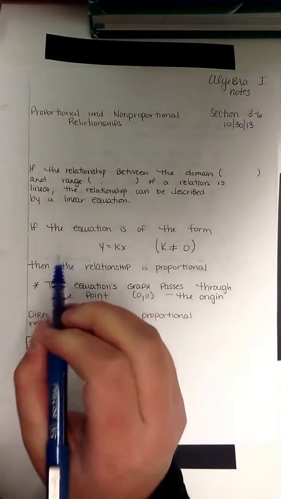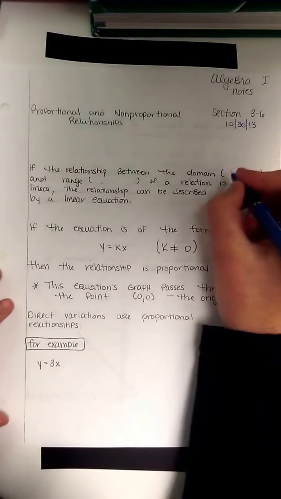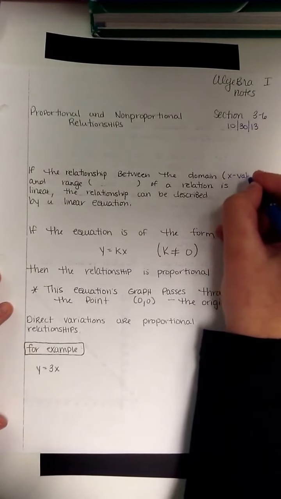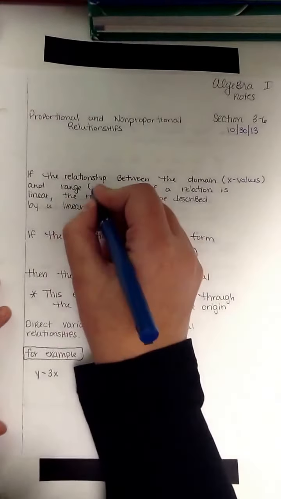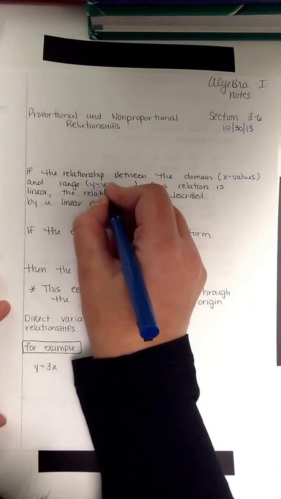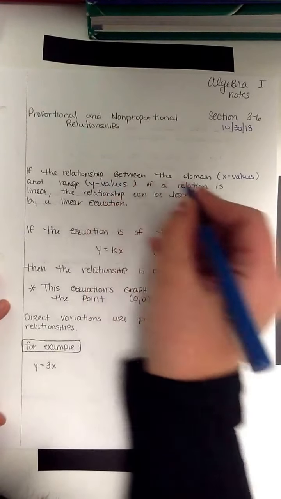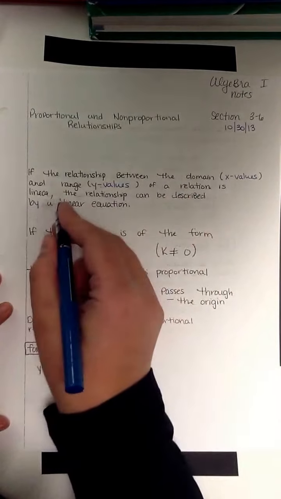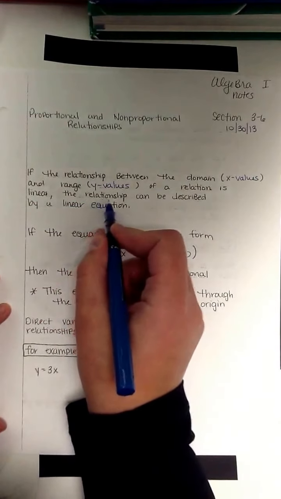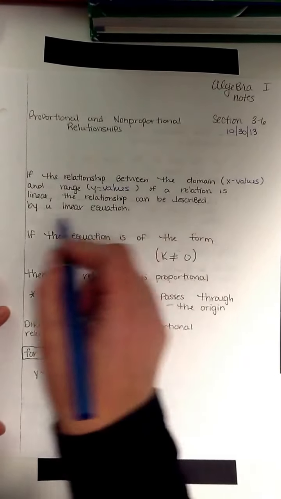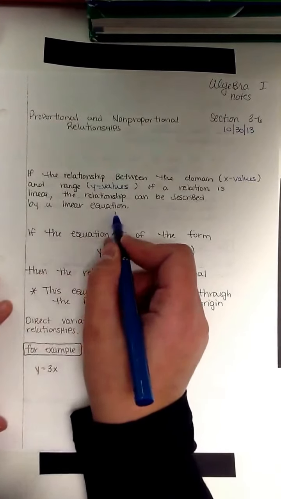Okay. If the relationship between the domain, or the x values, and range, which is our y values, of a relationship is linear, the relationship can be described by a linear equation.